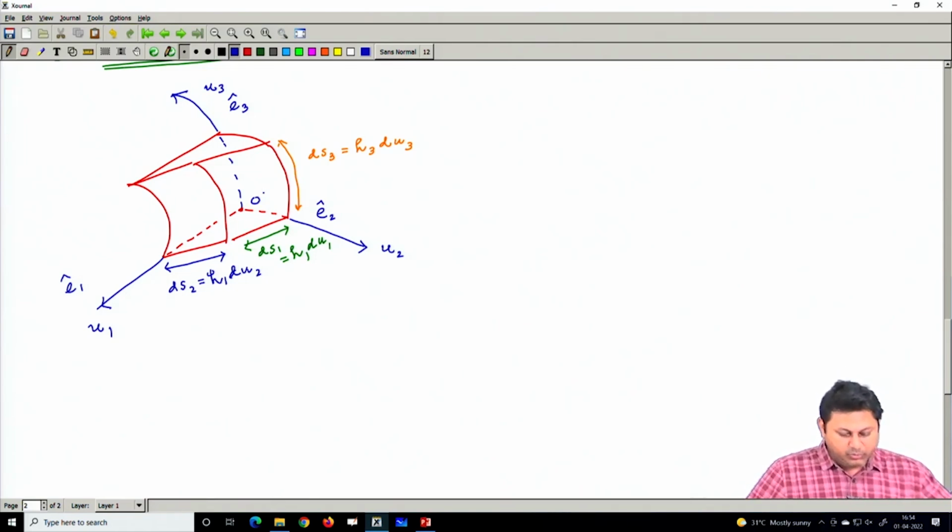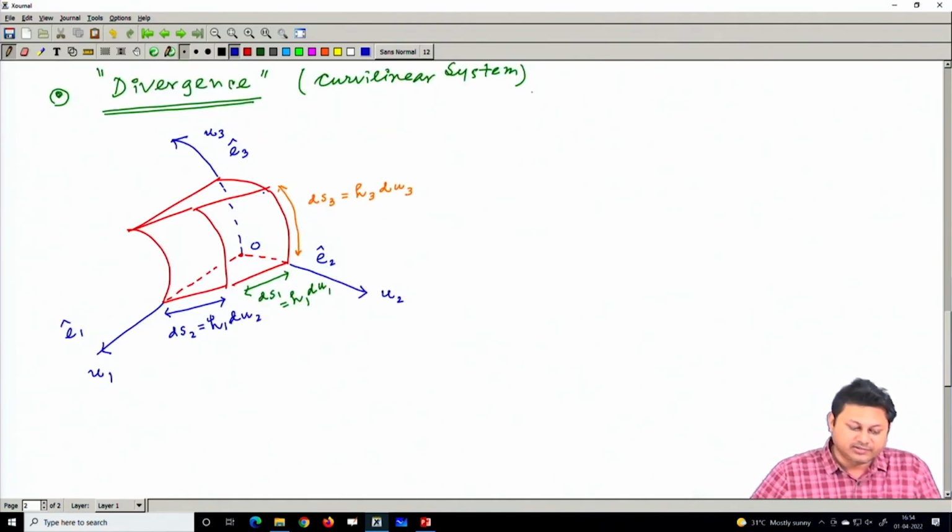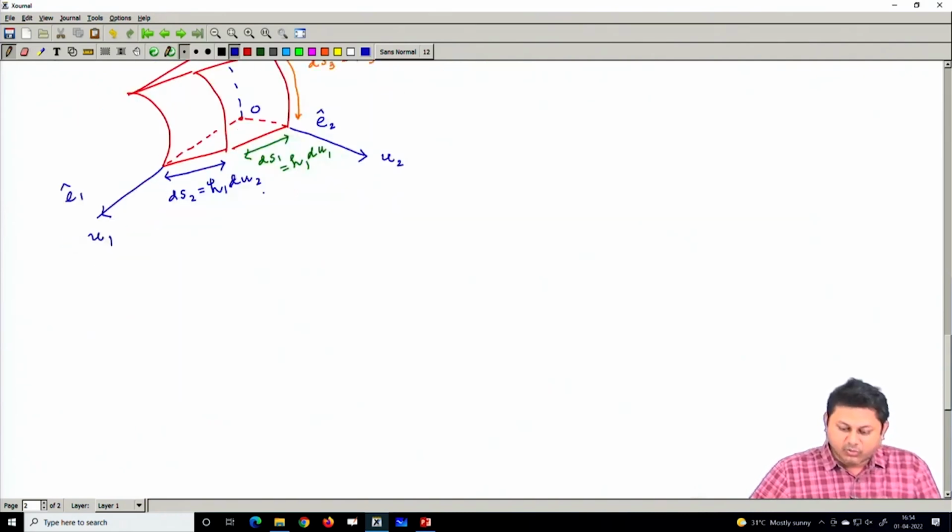Okay. Now, this is the coordinate system I am having, and now I want to find out what is the expression of the divergence. So, let us go back to the theorem that we had, the divergence theorem.